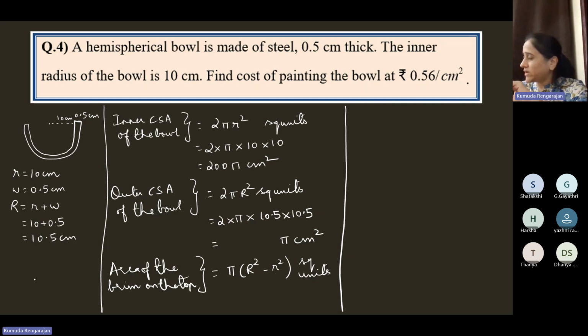But here the question is to find the cost of painting. So the intermediate answers, you can just leave like this, 200 pi, whatever pi. Add all the pi's, you get an answer in pi. That is the surface area to be painted. Then multiply by 0.56 to get the cost. There, when you're multiplying by 0.56, use the value of pi, 22 by 7. Do it, complete this.